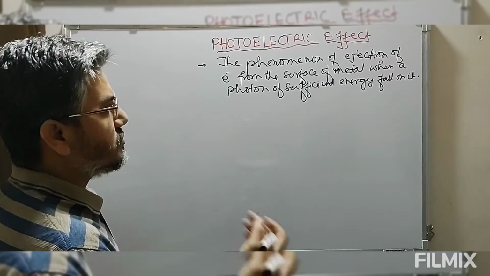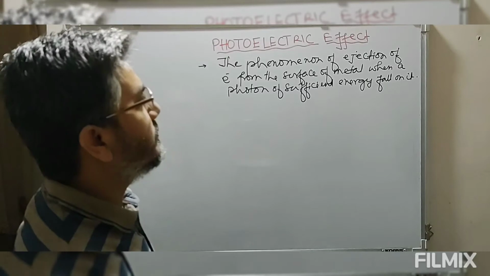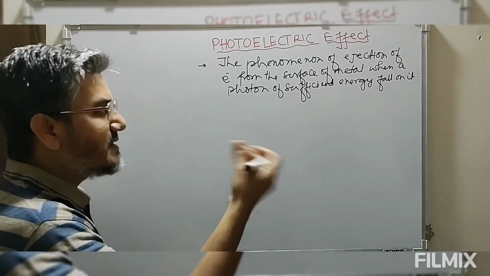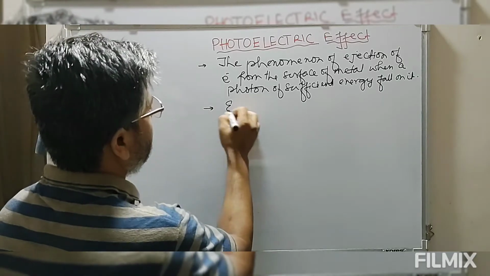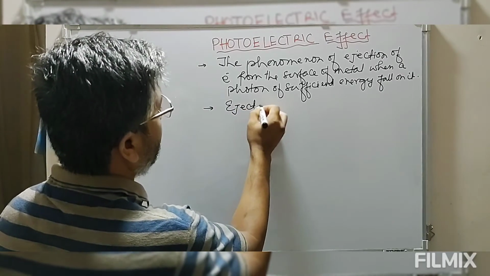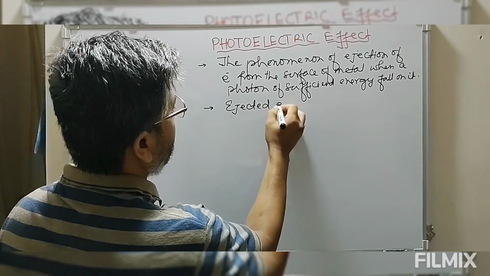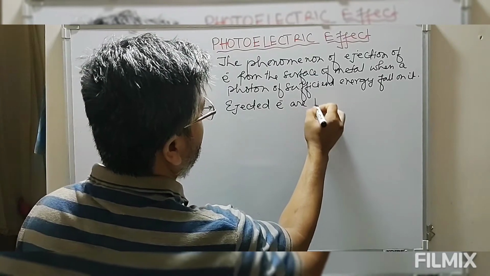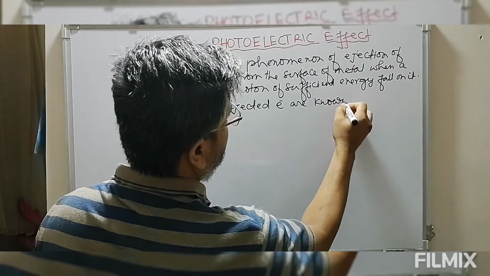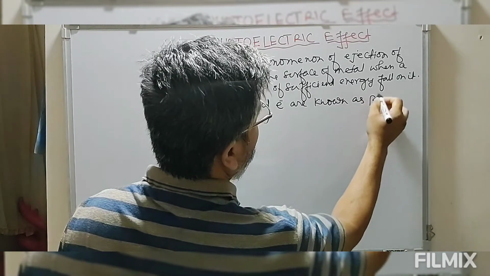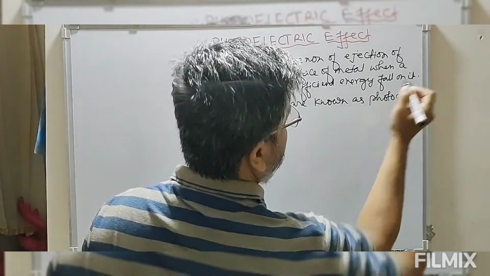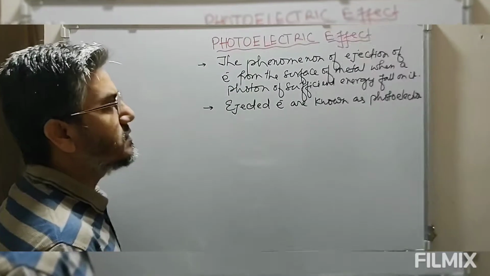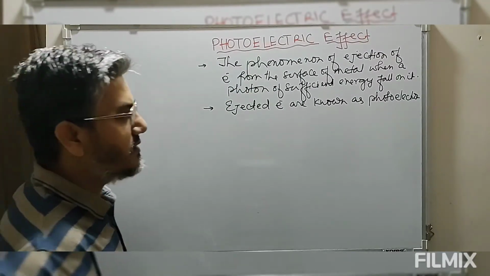This process of ejection is what we call the photoelectric effect, and the ejected electrons are known as photoelectrons, and these photoelectrons are responsible for electric current generation.